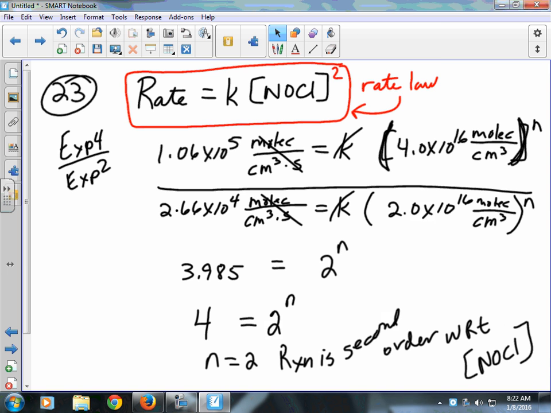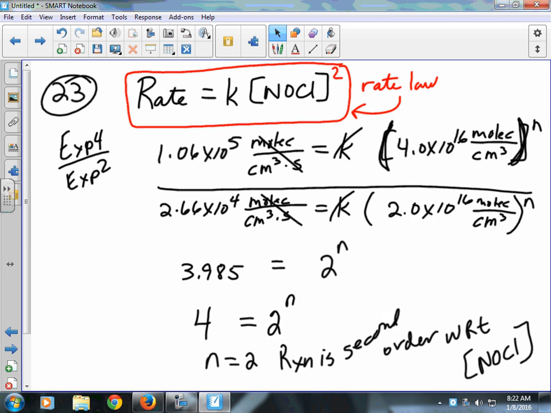This is method of initial rates. This is expressing the rate law so that it's showing how reaction rate, speed, is a function of concentration. Because look at it, in the rate law, you've got rate, you've got concentration. Nowhere in here do we have time. Time is going to be in the integrated rate law.